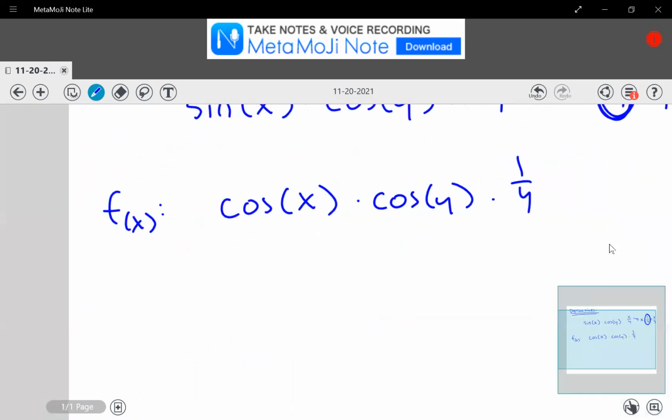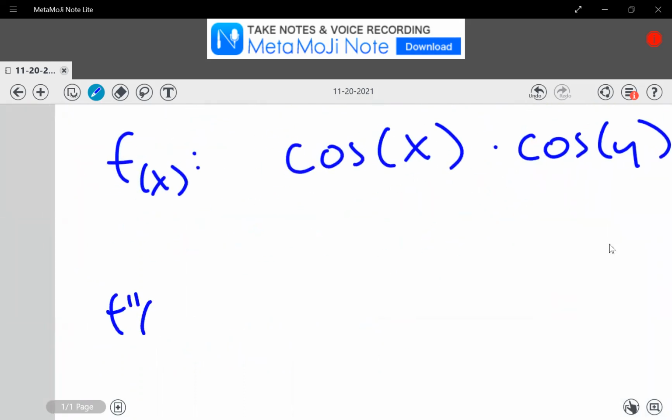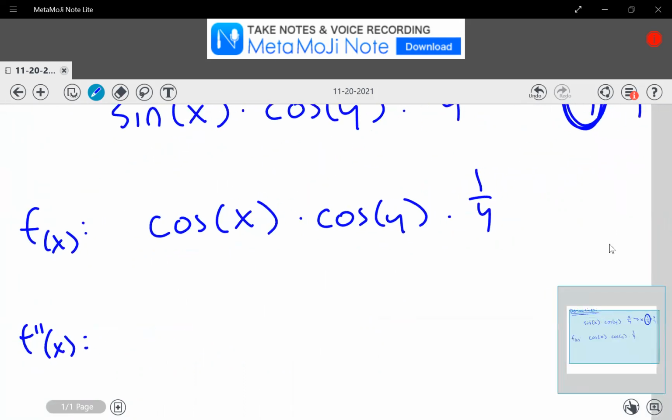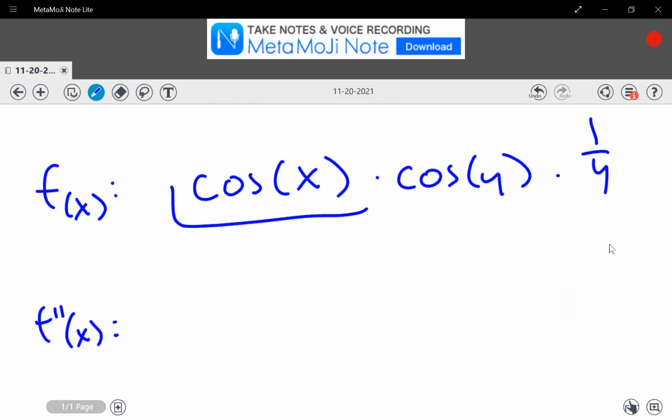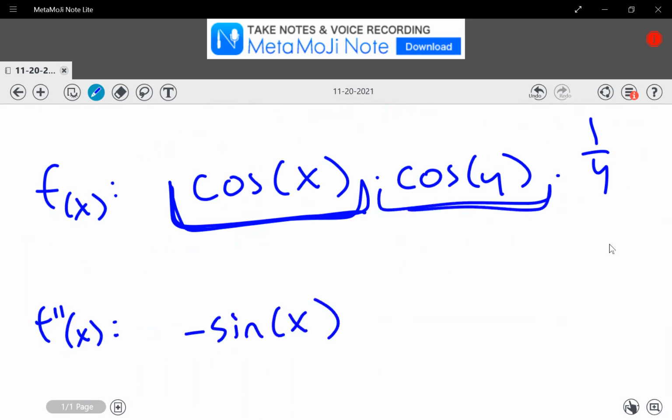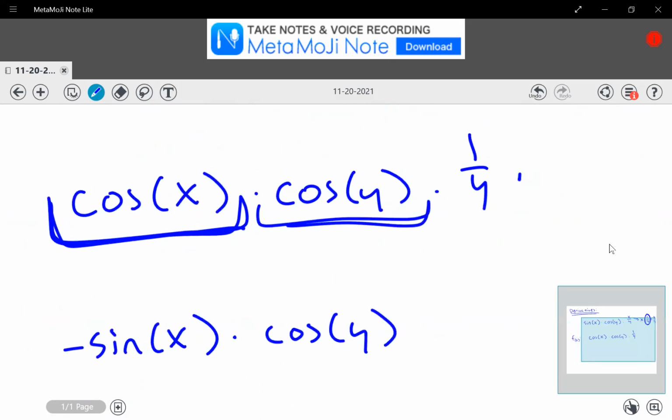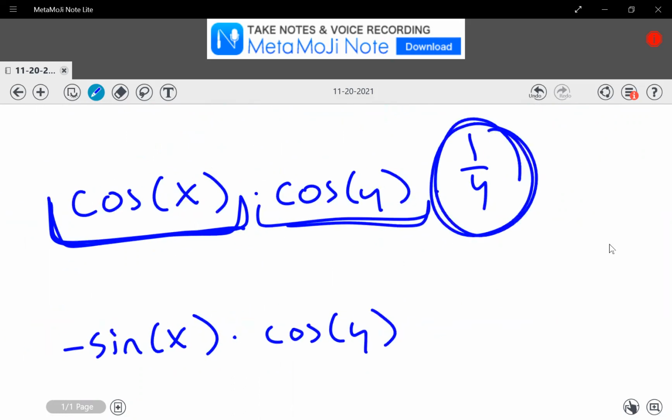All right, so that's our first derivative. Finding the second derivative, same idea. We just pay attention to the x. Here, cosine of x, second derivative of that, ends up being negative sine of x, cosine of y, a constant, so it's going to stay as cosine of y. And finally, in this case, well, 1 over y was always a constant. So I guess in this case, it just becomes 1.